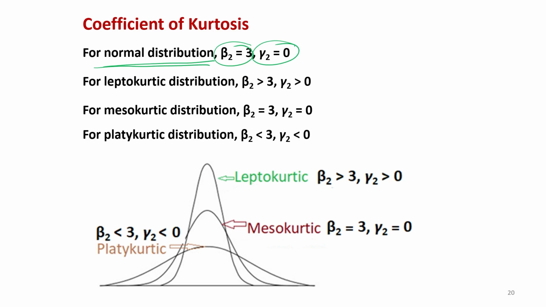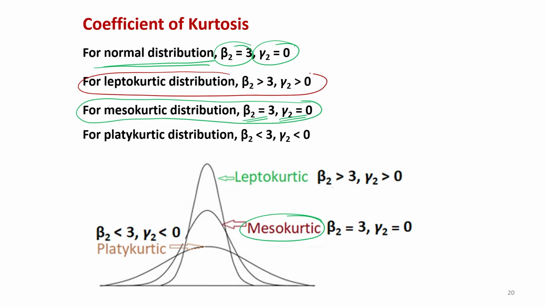First we understand the kurtosis in the case of a mesokurtic distribution, because we are taking the hump from the normal distribution curve. So, we say that a mesokurtic distribution will have beta 2 as 3 and gamma 2 as 0. Now, when you consider a curve which has more hump than the normal distribution, that is a leptokurtic distribution.